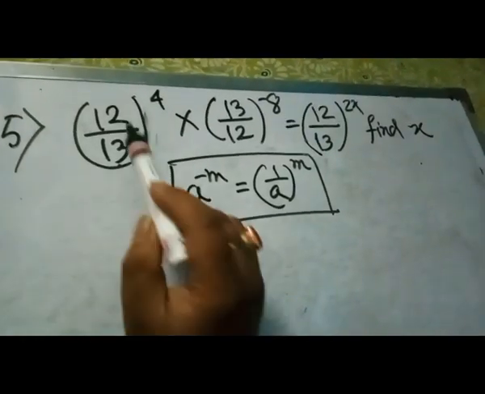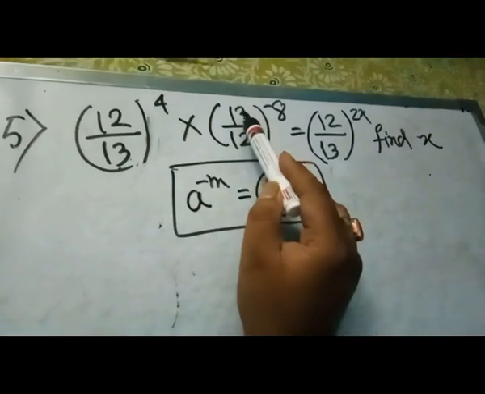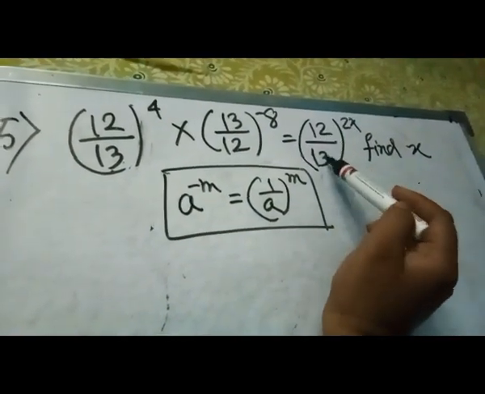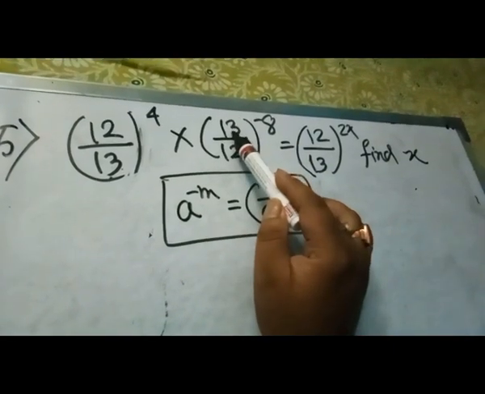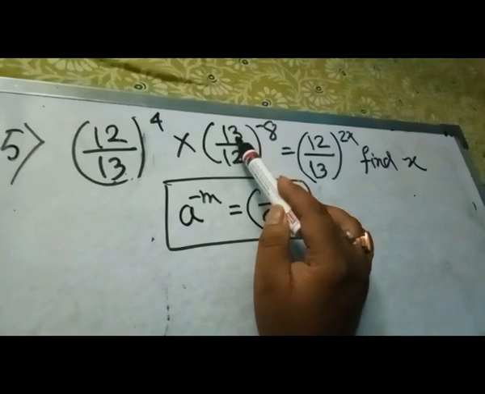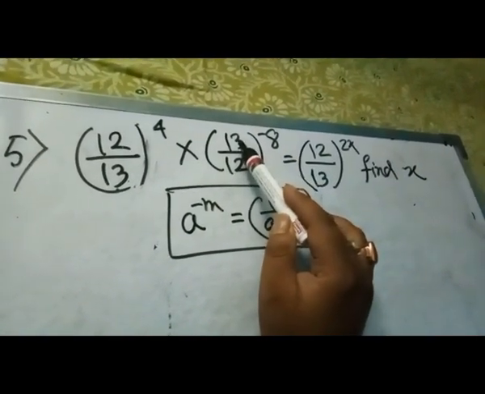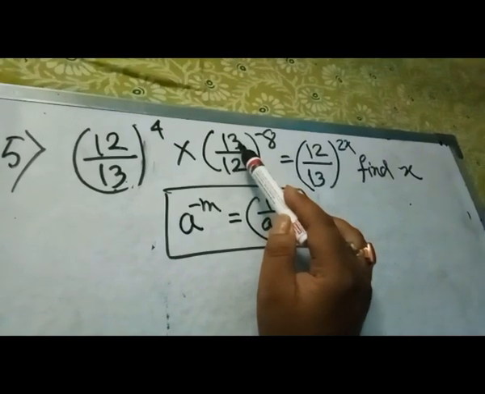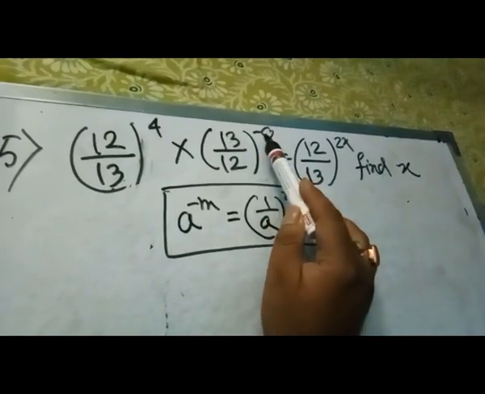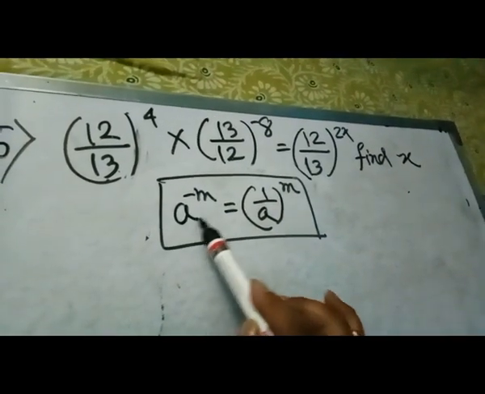You observe another thing, that here 12 by 13 is written, but here it is written 13 by 12, and here also it is written 12 by 13. So these terms are written in reverse form. So what you have to do, you have to write its reciprocal form. So if you write here 12 by 13, the power will automatically be plus 8 because of this formula.